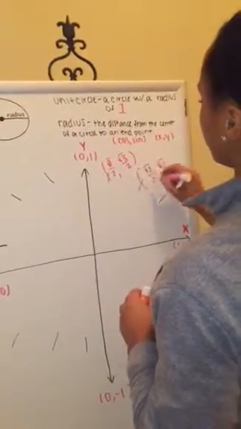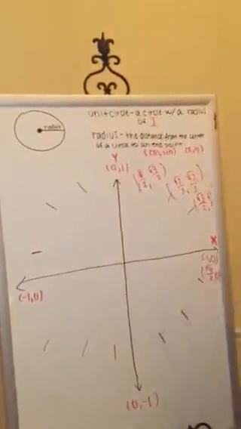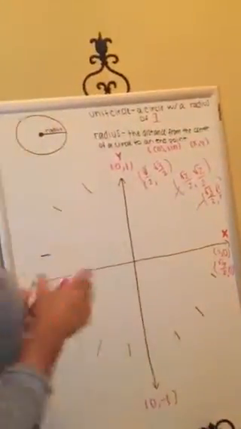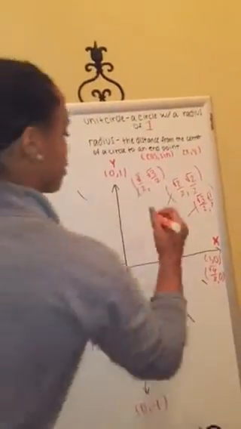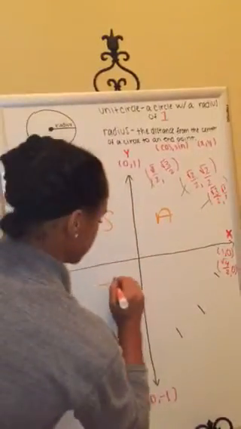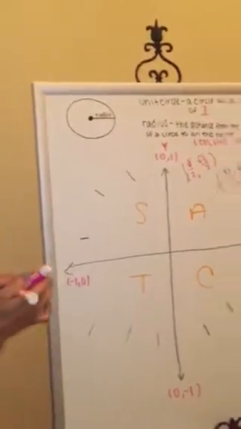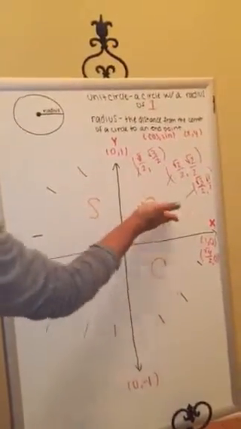Now, in order to remember what each value is in each quadrant, it's easy to remember the mnemonic all students take calculus, ASTC. And I'll write that. All students take calculus. This basically means that in the first quadrant, all or everything is positive.